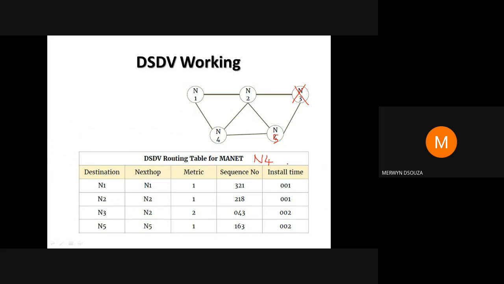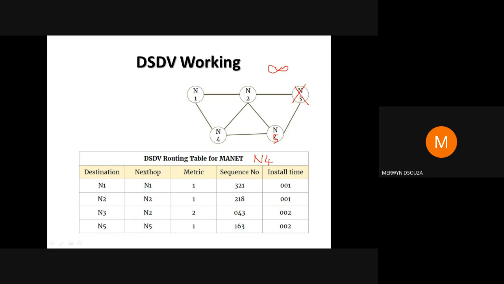So what will happen is, whenever this node gets disconnected, N2 will discover that nothing is going to this node. So it will set the entry for this node in its table, the next hop entry, as infinity. One of the neighbors connected to this will discover that, or all the neighbors may discover it.